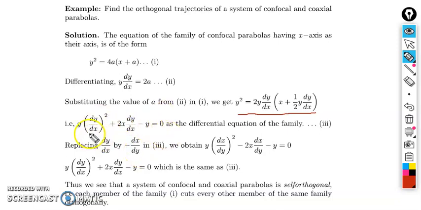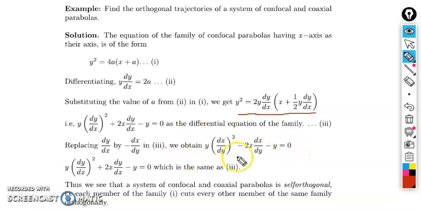Exactly for that reason, dy/dx is replaced by minus dx/dy. Since it's a whole square, minus becomes plus. So here we write y (dx/dy) the whole square, and 2x into dy/dx becomes minus 2x dx/dy minus y equals 0.